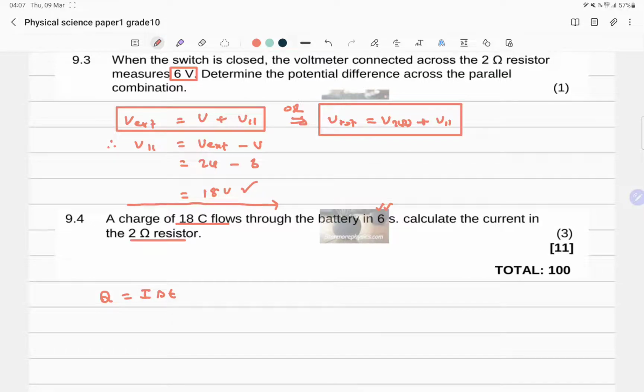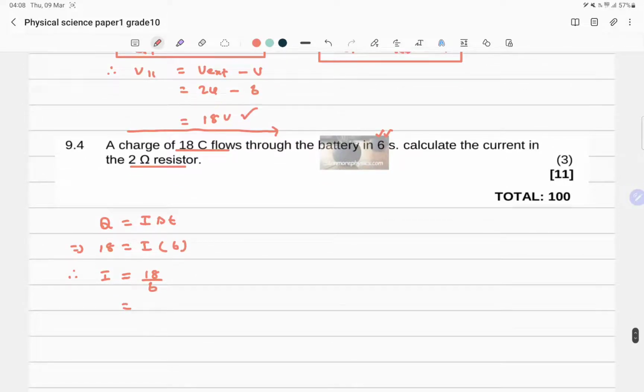We're told charge is 18 coulombs. The current is what we want, we don't know it, but time is 6 seconds, which is fine. Therefore, we know that the current is going to be 18 divided by 6, which is 3 amperes.